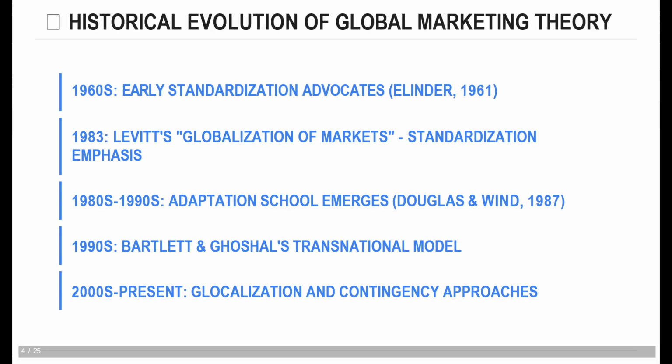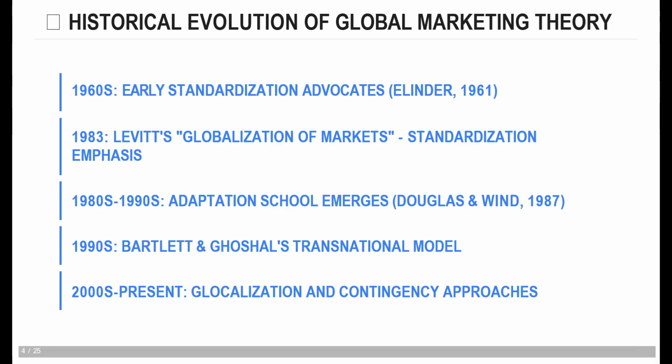Historical evolution of global marketing theory. Let's trace the evolution of this. In the 1960s, early scholars like Ellinger believed that European markets were becoming more similar, advocating for standardized marketing.